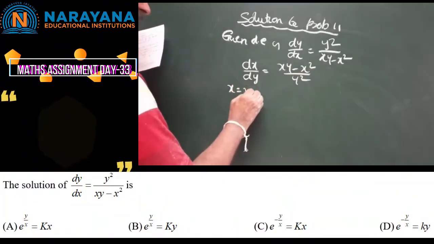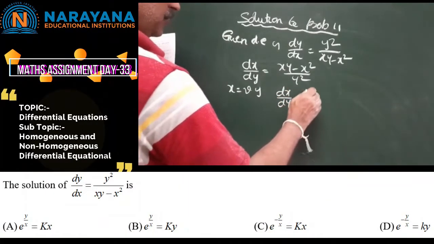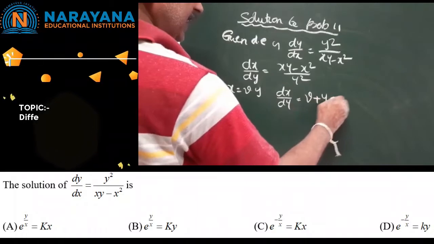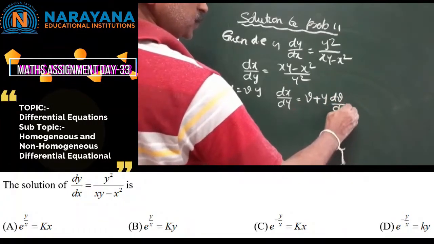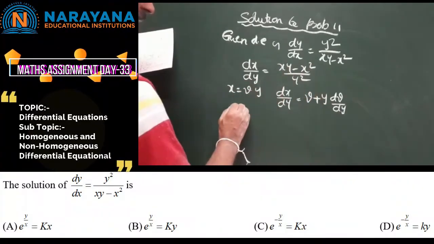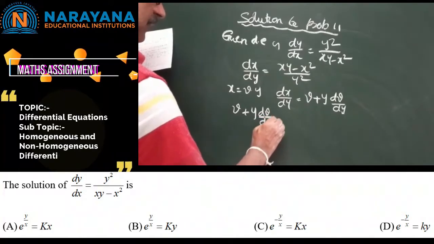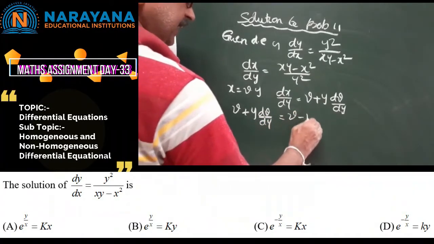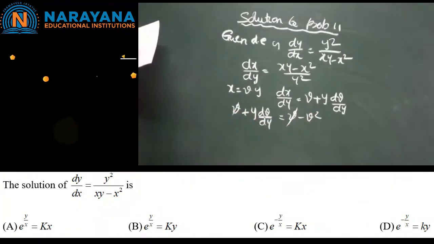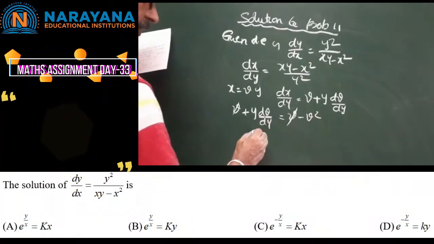Here we write x equal to vy and dx/dy is equal to v + y dv/dy. And after simplifying, we can get v + y dv/dy is equal to v − v². We can get v gets cancelled. Getting this v² to this side, that means −v² to this side.